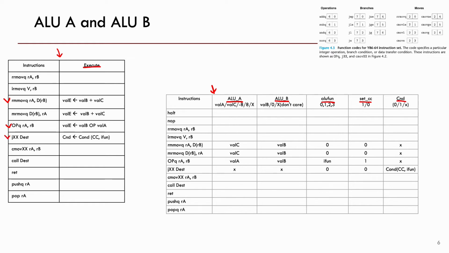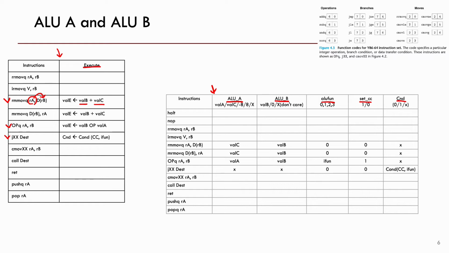For the RM move instruction, it writes the value of register RA to the memory address D plus RB. In the execute stage, we need to calculate the effective address, which is val B plus val C. Val B stores the register value of RB, and val C stores the displacement in the instruction.